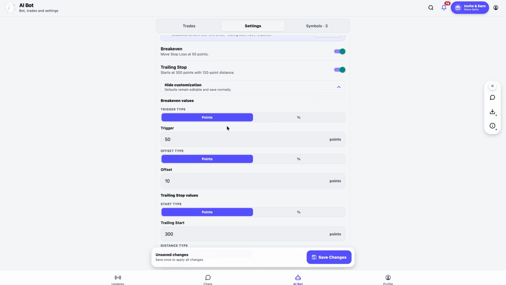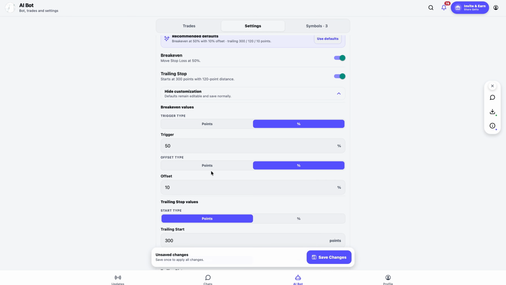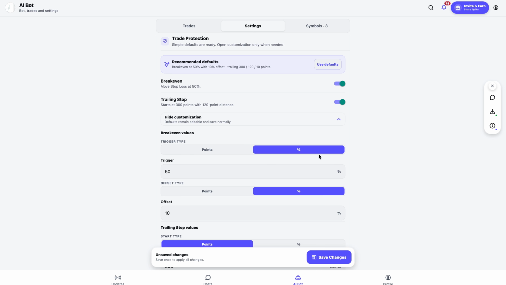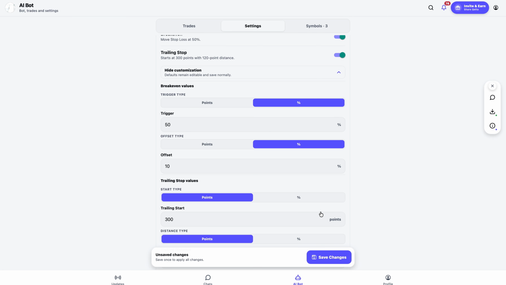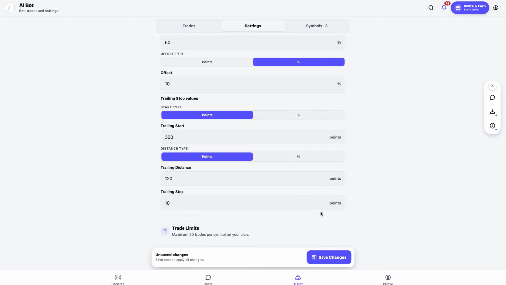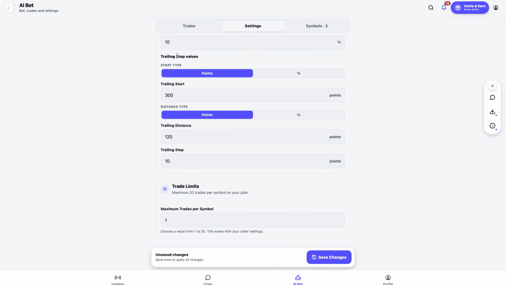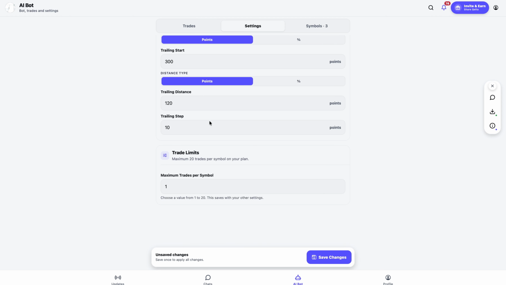So if you are using points, make sure that your trigger type and your trigger offset are all points. If you are using percentage on Breakeven, make sure that these are on percentages. And then that's when the Breakeven will work. Or you can just use the default settings. It's all up to you. Same thing with trailing stop loss.